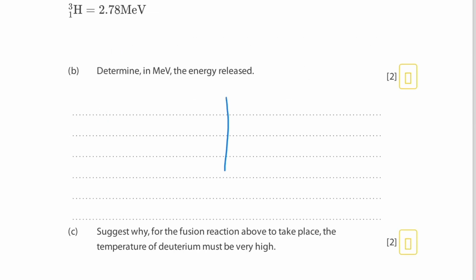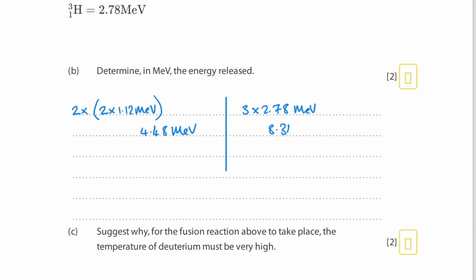On the left-hand side of the equation, we've got 2 times 1.12 MeV. That's for one of the deuteriums, and we're going to do that times 2. And on the right-hand side of the equation, we've got 3 times 2.78 MeV. That gives us, if we do the quick sum here, 4.48 MeV on this side, and 8.34 MeV on this side.